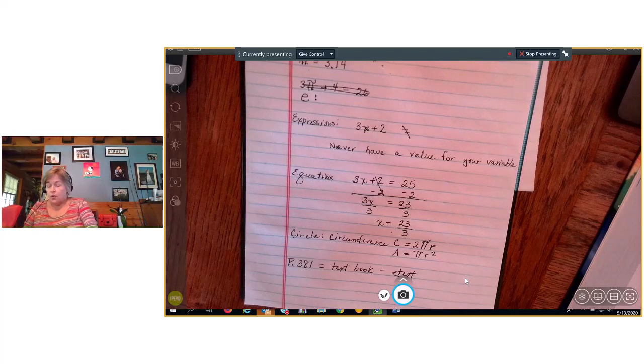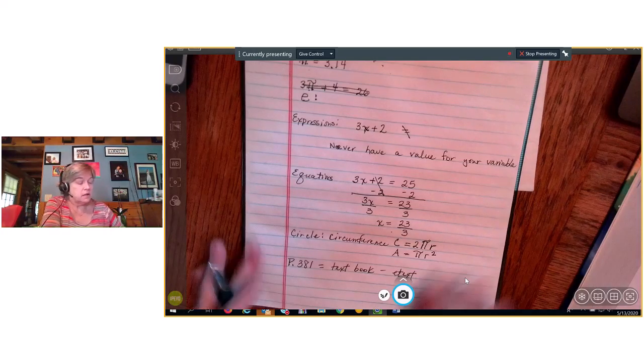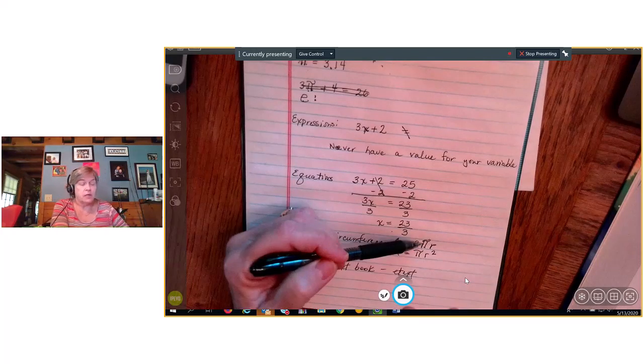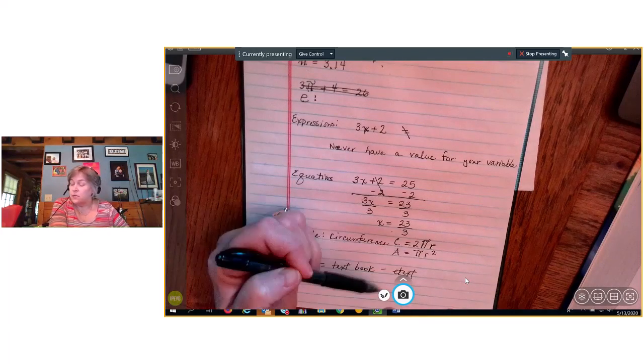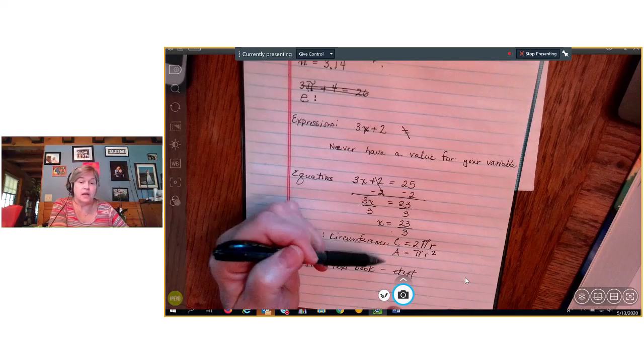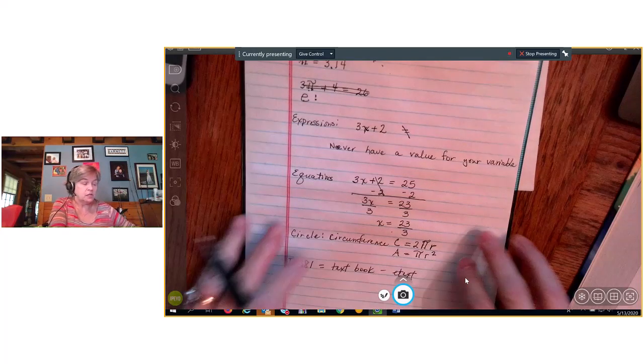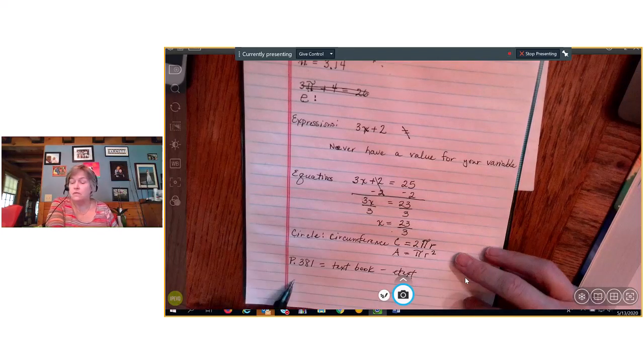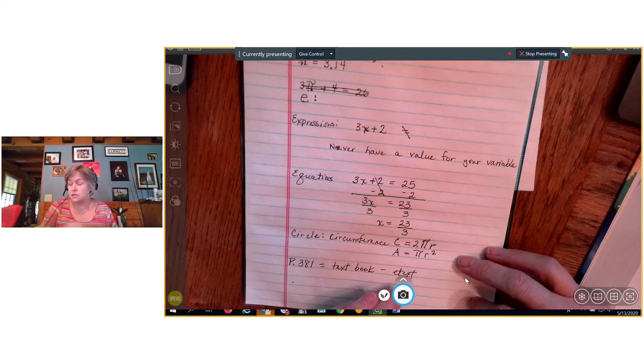So you can see that some of the things are going to be given to us, and some of the things we're going to have to actually find. So any questions about variables and expressions?